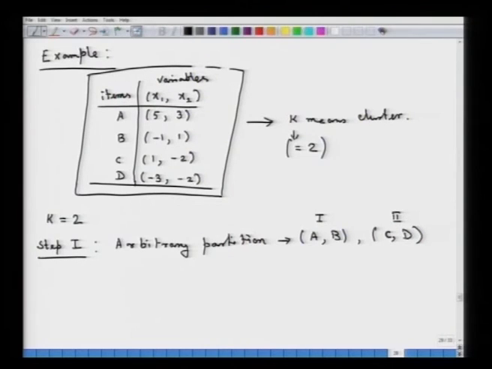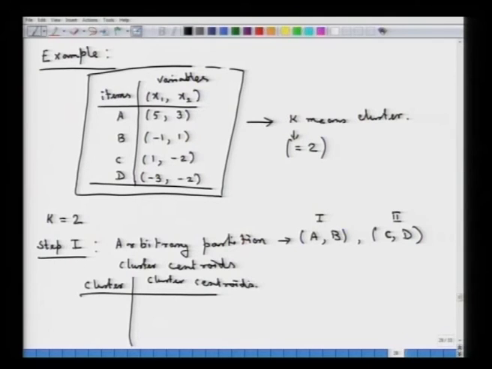Now, if these are 2 randomly formed clusters, we first have to look at what the centroids of these are, and then look at possible reassignment to some other cluster different from the initial random cluster. So, we will have these as the 2 possible clusters, and these are the cluster centroids. This is the cluster AB, this is the cluster CD.